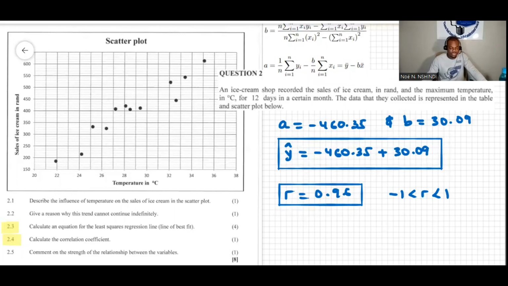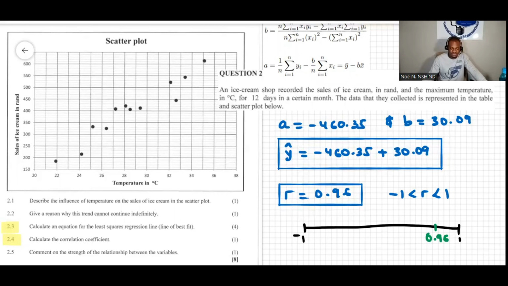if I can just draw a rough line here, let's say -1 is here, and then +1 is there. 0.96 must be somewhere here. So this will generate a very strong positive relationship.